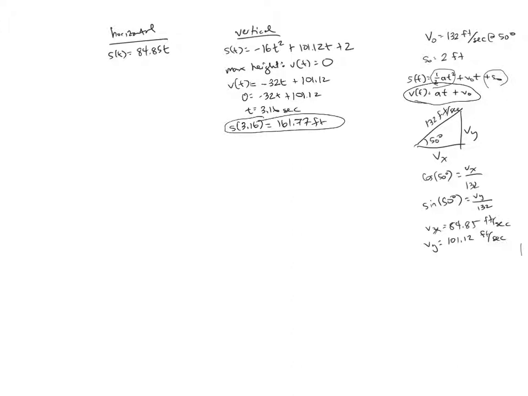The next question is, how long is it in the air? Well, it's in the air until it hits the ground again. So when it hits the ground again, the vertical position is 0. So it hits the ground when the equation for vertical position equals 0.